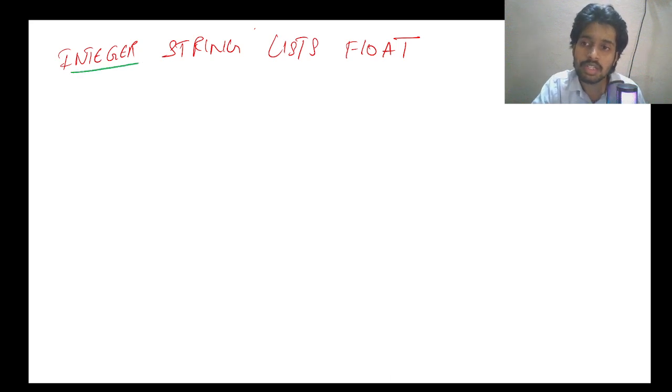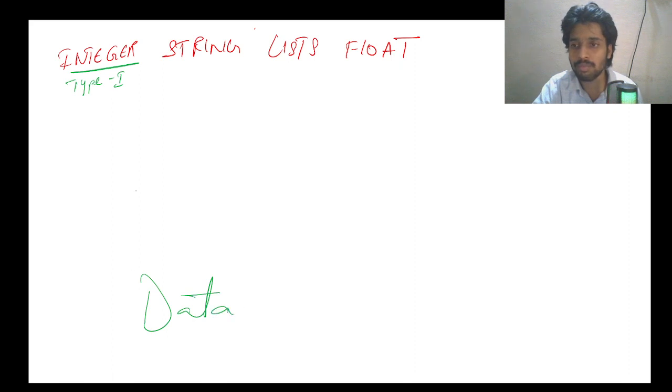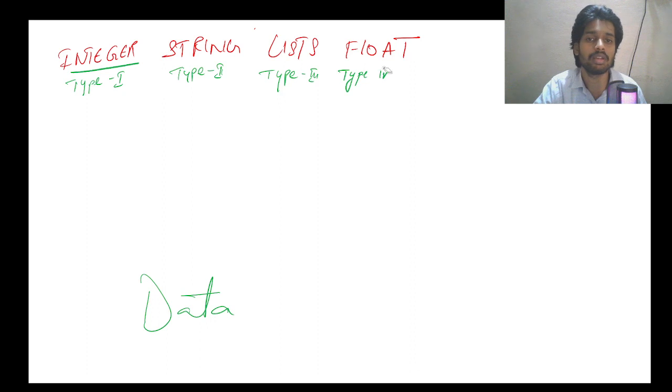So this integer is a type of data. This is type one of data. Everything here is data; don't forget that we are talking about data. These are types of data: this is type one, type two, type three, type four. So these are nothing but the types.